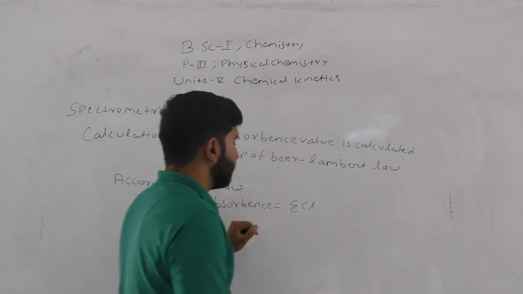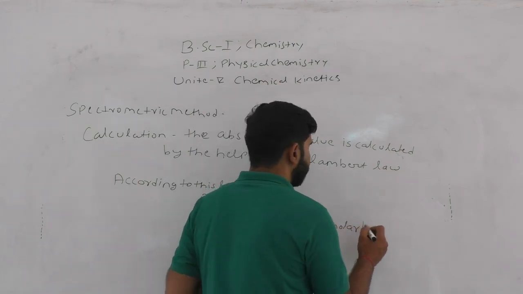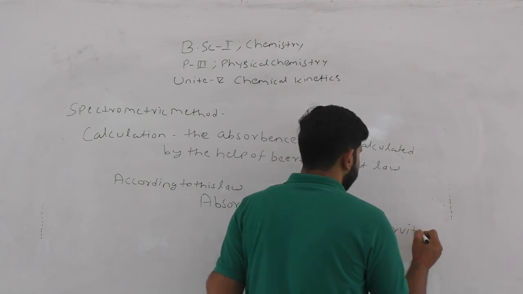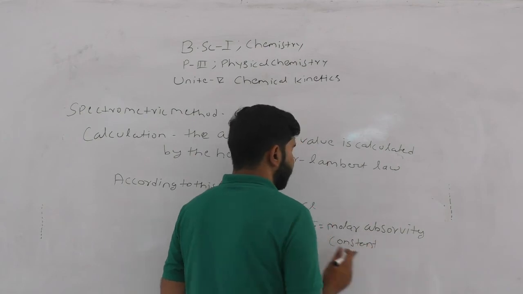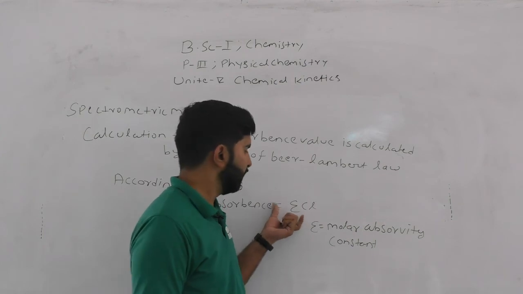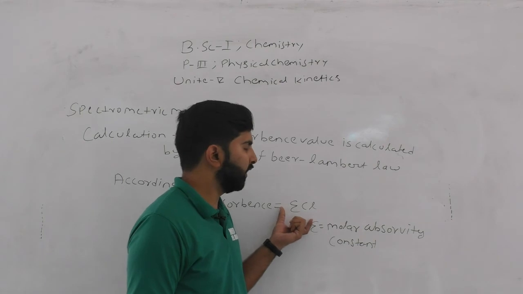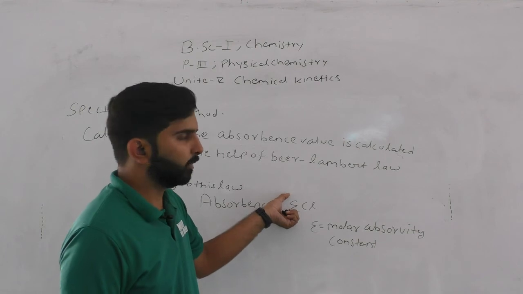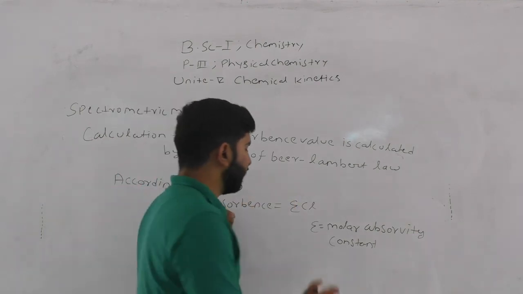Here epsilon is the molar absorbivity constant. It has characteristic values for each of the species, means this epsilon, which is known as molar absorbivity constant, has a characteristic value for each species. Hence we can identify the species with the help of epsilon.